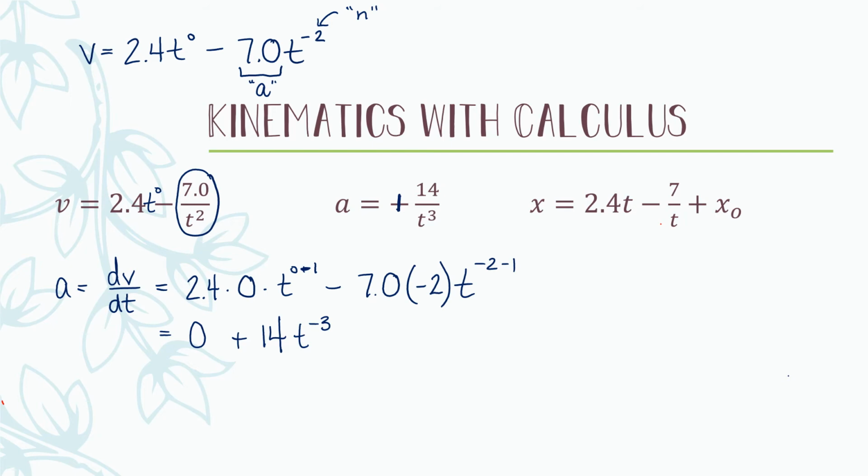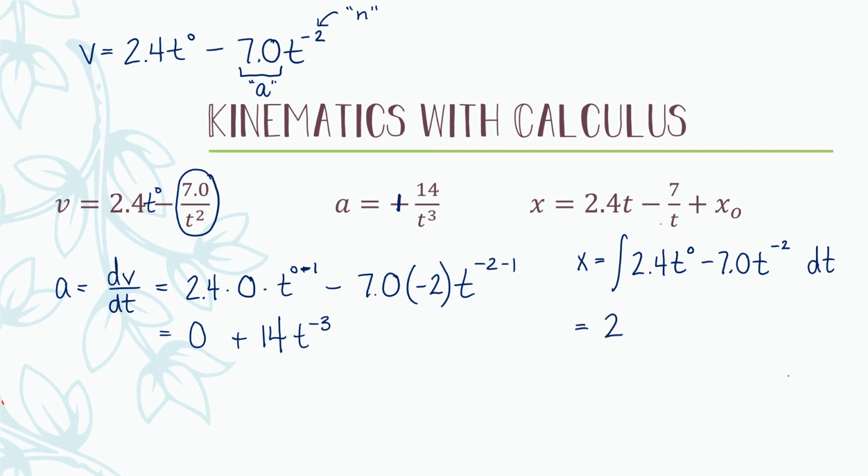Now let's look at the integral. The x is equal to that integral of, again, writing it out the way that I did before, 2.4 t to the 0 minus 7.0 t to the negative 2 with respect to time.